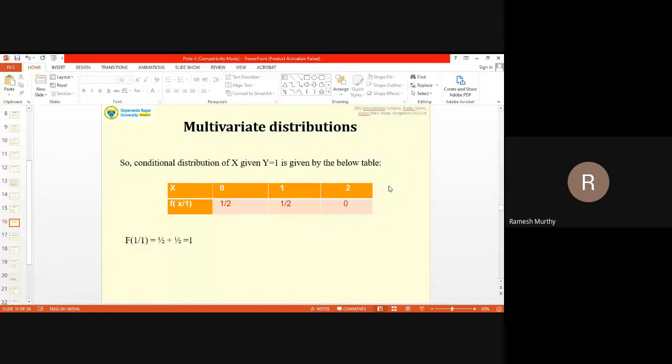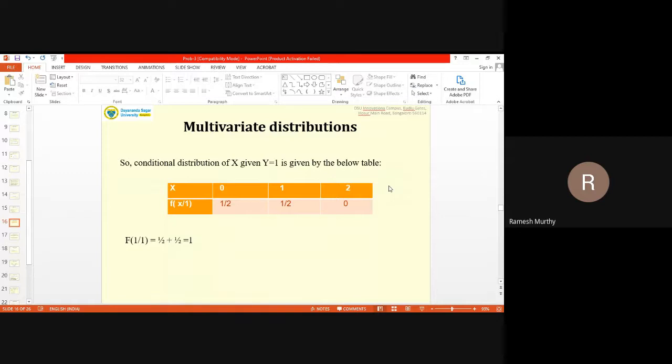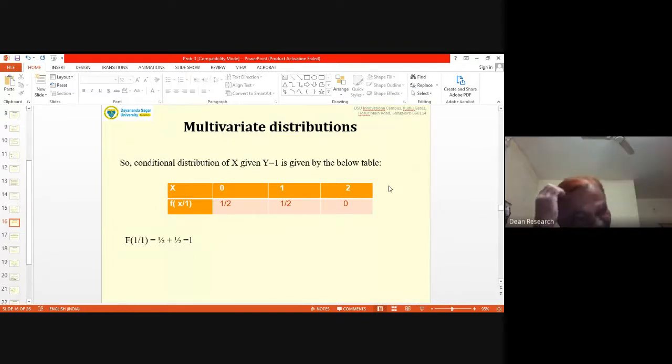Sir, one question. Yes, please. Function 1 of 1 is equal to half. How come it is half plus half equal to 1? Okay, very good question. In fact, such doubts do arise. It so happens that in this particular conditional distribution of x given 1, the probability that x equal to 0 is half, the probability that x equal to 1 is half, and the probability of x given 1 is equal to 0 otherwise.